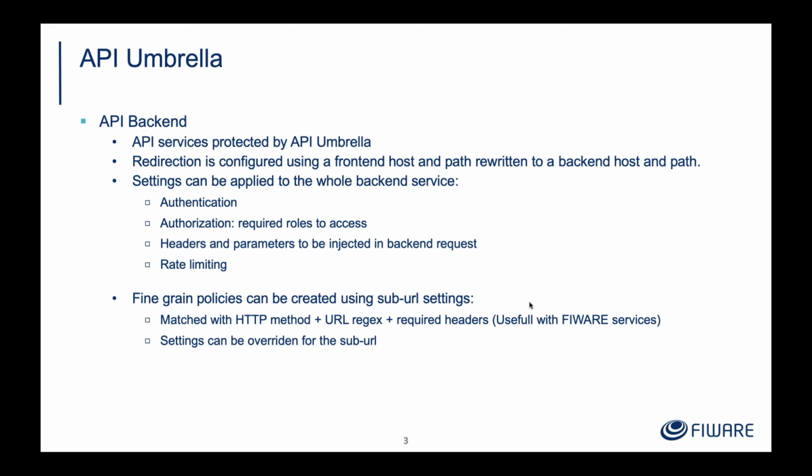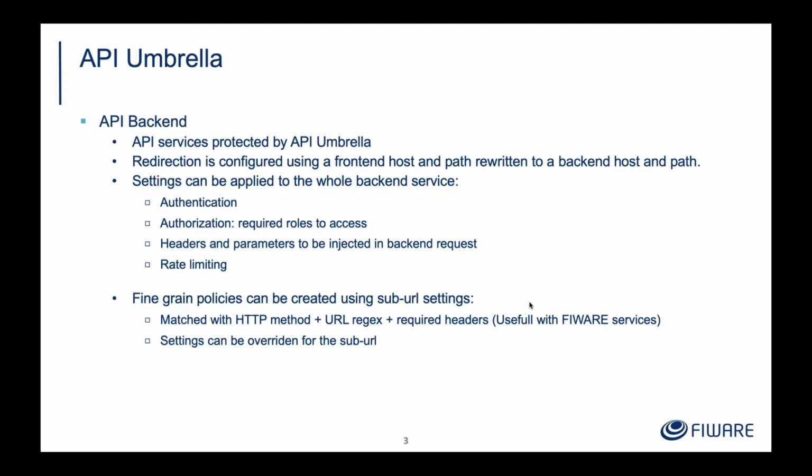If you want to enhance that security, you can place that on behalf of API umbrella, configure this parameter to be injected in the request, and use API umbrella security instead. And well, it also has other possibilities like configuring the rate limiting, etc.